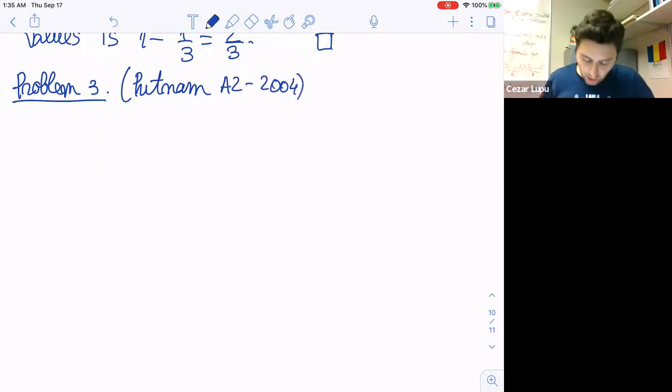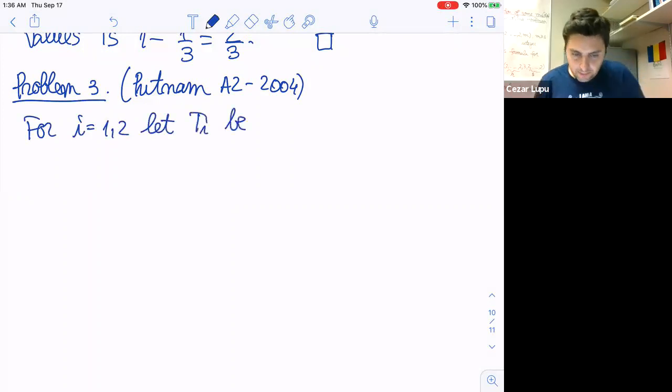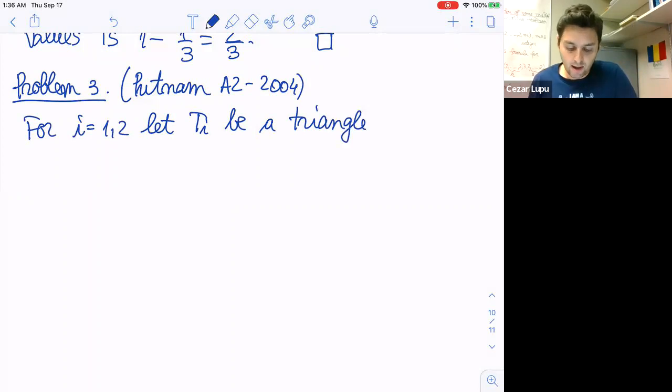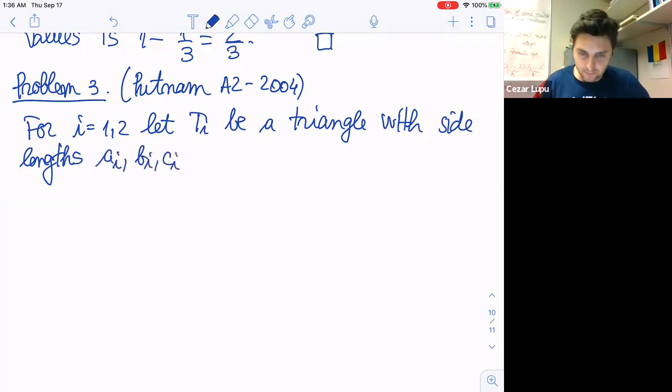And the statement says the following: for i equals 1 and 2, let Ti be a triangle. As you can see, I have 2 triangles here, T1 and T2. So Ti is a triangle with side lengths ai, bi, ci, right?